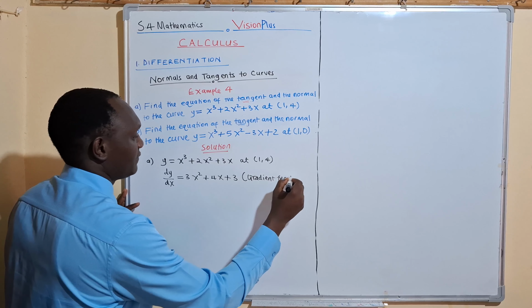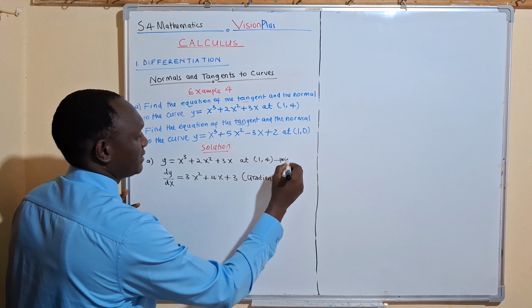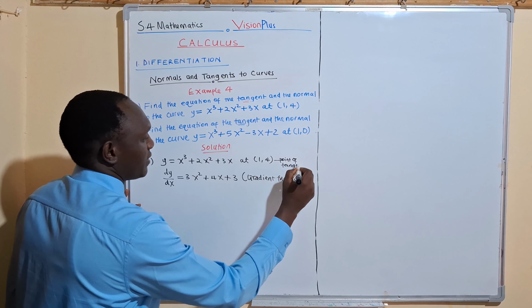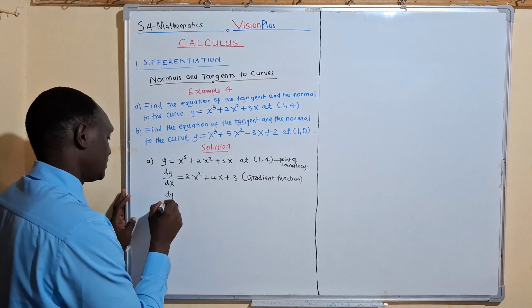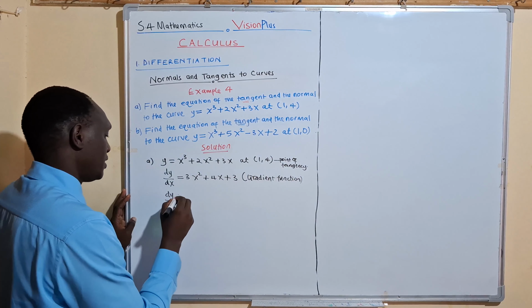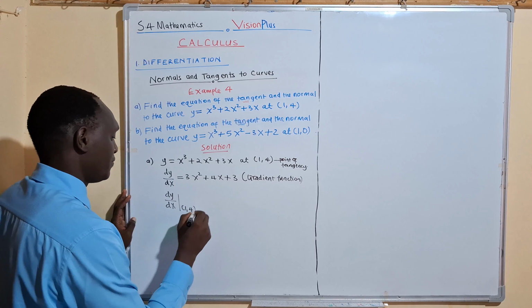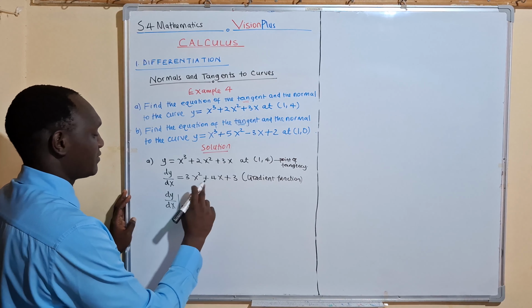After getting the gradient function of the curve, we use the point of tangency to get the gradient of the curve at that point. Therefore, dy/dx at the point (1, 4) equals, we substitute for x in the gradient function.